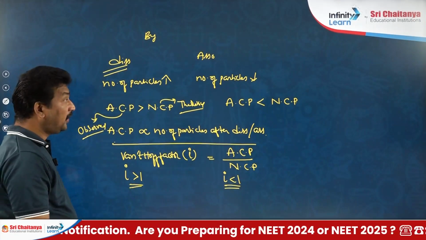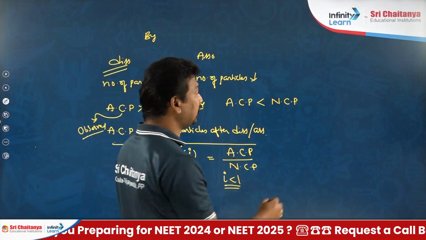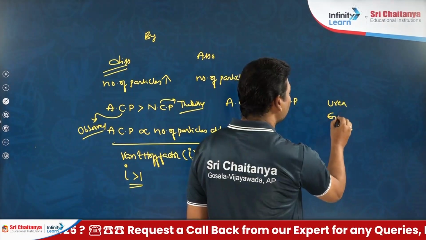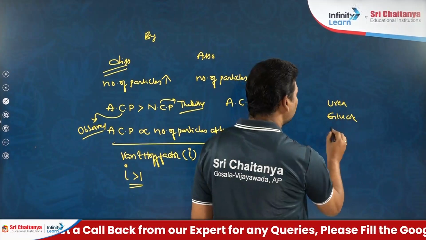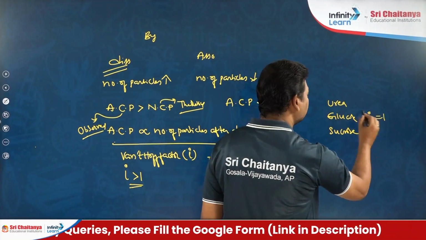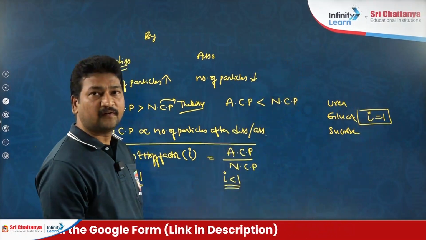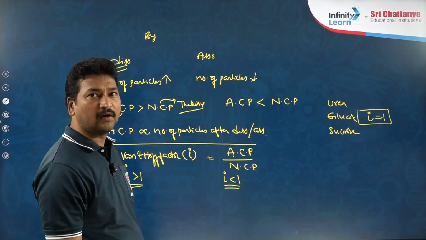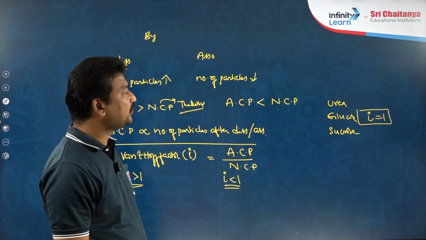Right? And I mentioned previously that for solutes like urea, glucose, sucrose, the i value is exactly equal to 1. Why? Because for them, the experimental value of the colligative property and the normal value are both the same. So the i value is equal to 1.